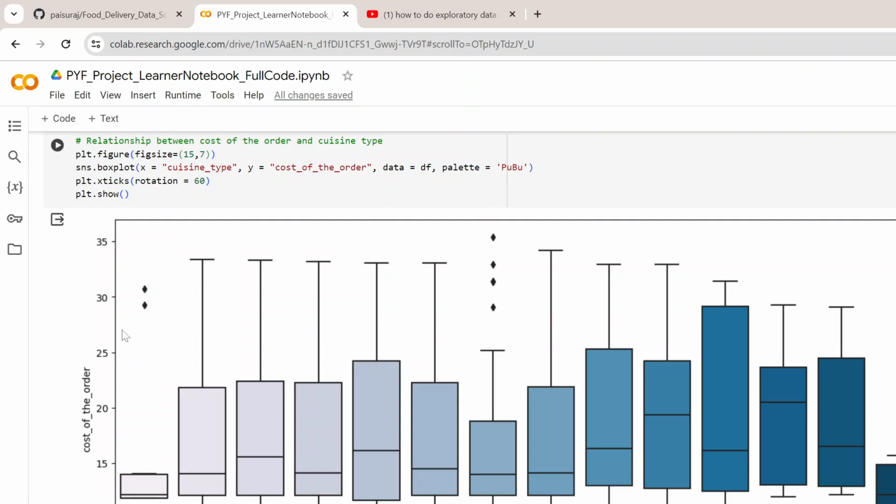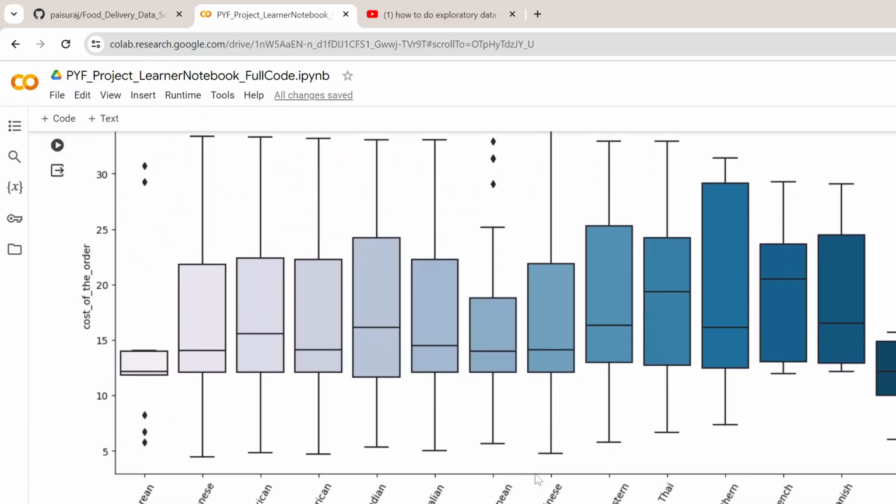If we look at usually the P50 or the median, we can see that French has one of the highest medians in this data set. But it's not the most expensive. The most expensive is Mediterranean, it seems, with a few outliers that cost $35.